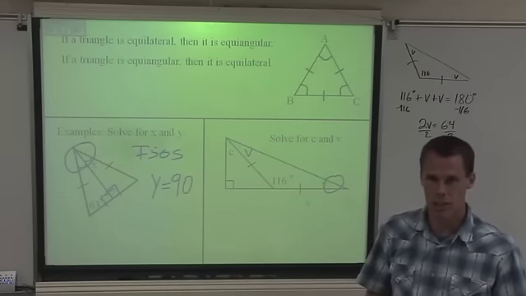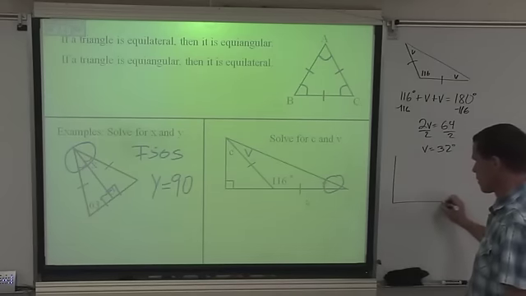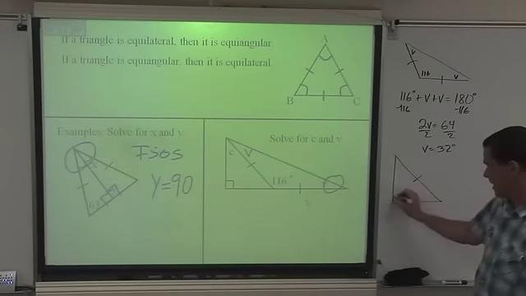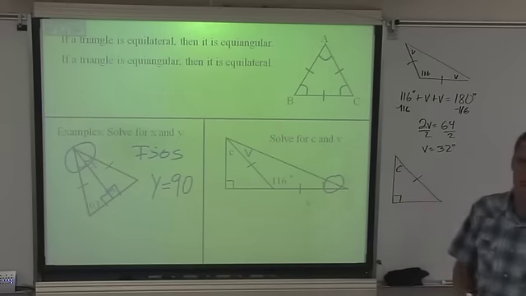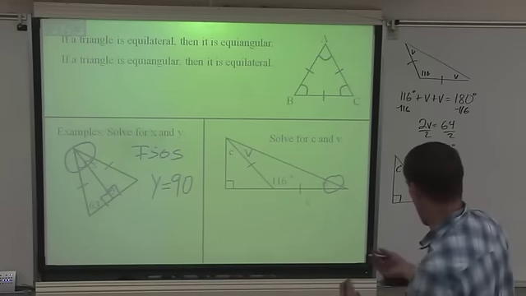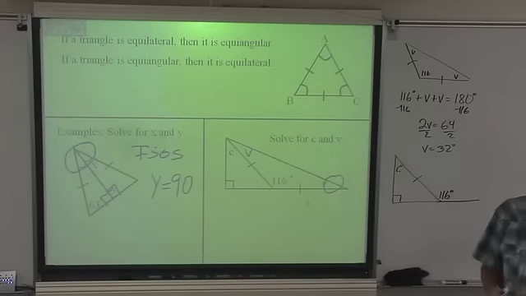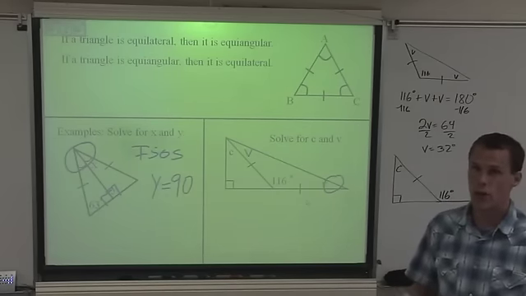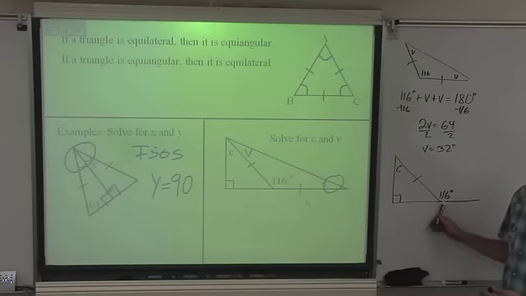Now I need angle C. Angle C happens to come from a different triangle in which there is not isosceles. So I have a little bit of a problem here. I can't use the isosceles triangle theorem. I have to come up with something else. Here's my something else. Without drawing the other triangle, 116 is actually an exterior angle. I have two ways I can solve this now.